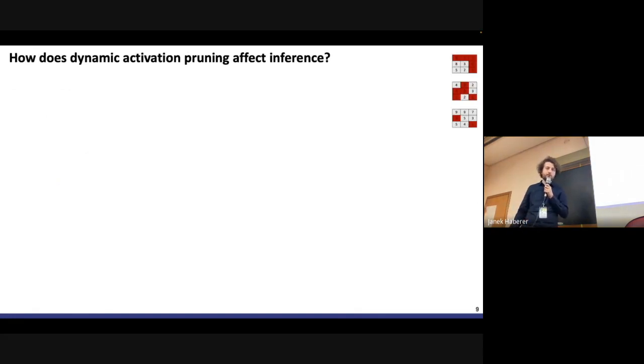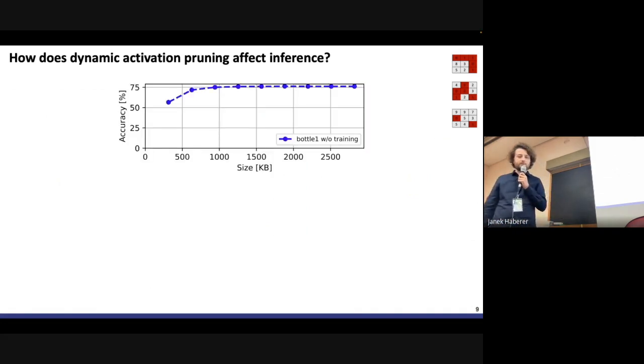Now we employ this dynamic pruning. In this case, activation pruning first, so individual values again. And we use the same two points I just showed. This is called bottle 1, so after the bottleneck block, the residual bottleneck.